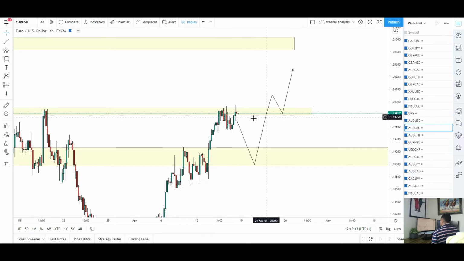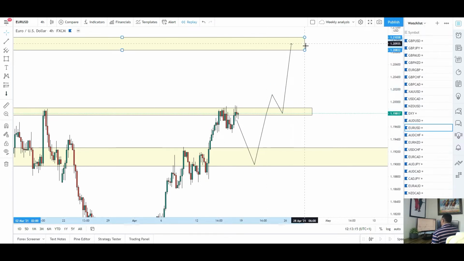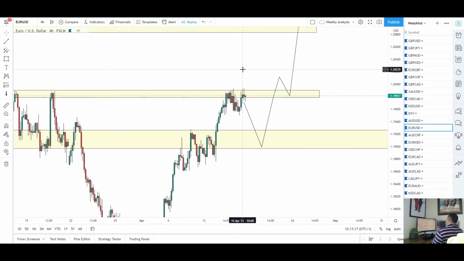So if you do clear this resistance, the next target will be 1.21. However, right now we're stuck at that area. As you can see, we're already seeing a little bit of rejection from that resistance, so expecting to see a bit of a pullback, a bit of exhaustion. And if you hold this support, I will be looking for buys, expecting to see a bigger move to the upside for this pair.